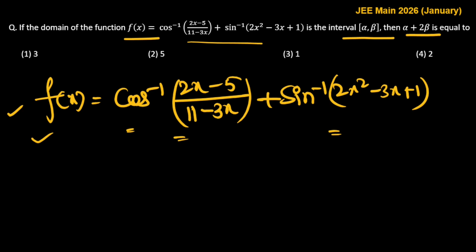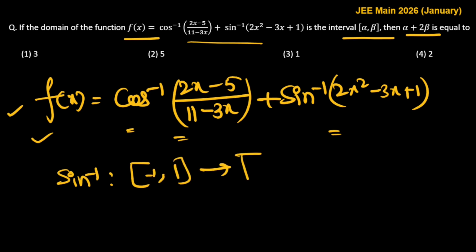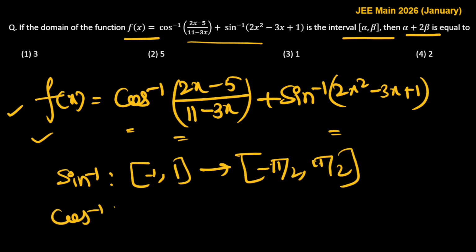Now first we see these two functions, sine and cos. Sine inverse x is defined from minus 1 to 1, with range minus pi by 2 to pi by 2, and cos inverse x is defined from minus 1 to 1, the same domain, and the range is different, 0 to pi.